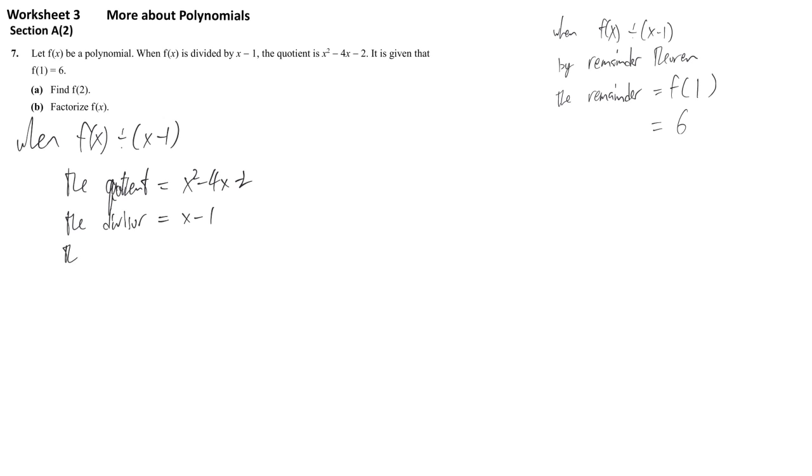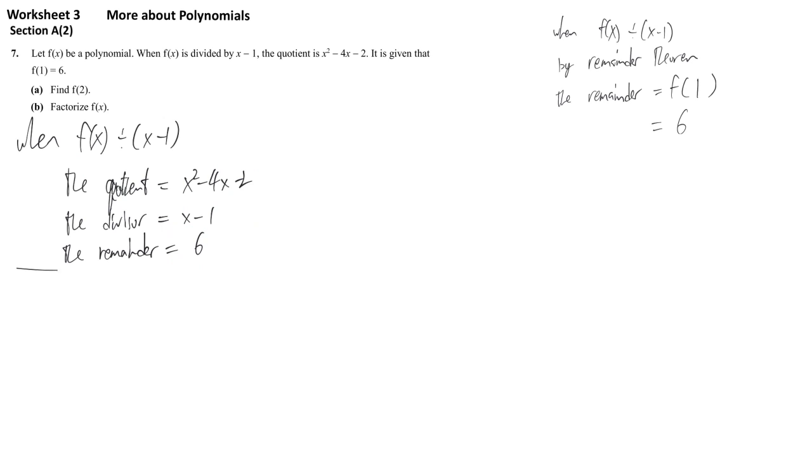And the remainder is equal to 6. We have all three components of f(x). And in order to solve A, we need to find f(2). That means we need to know what is f(x), the original function. They don't tell us what is f(x), but they try to give us all the components which form f(x).